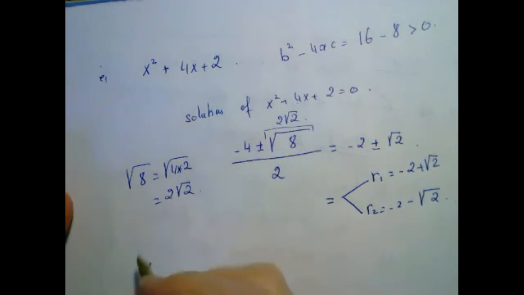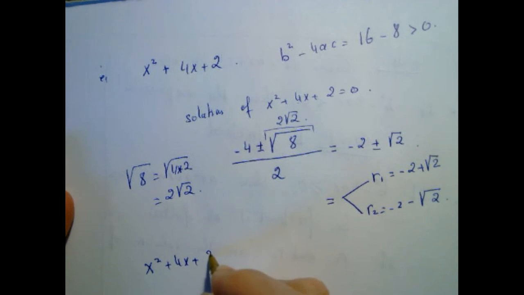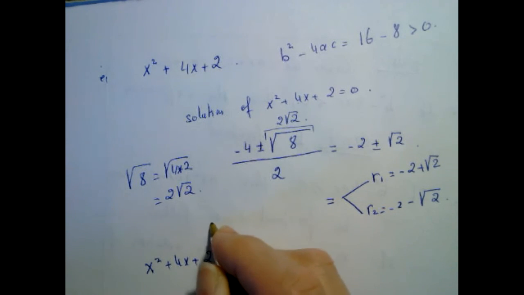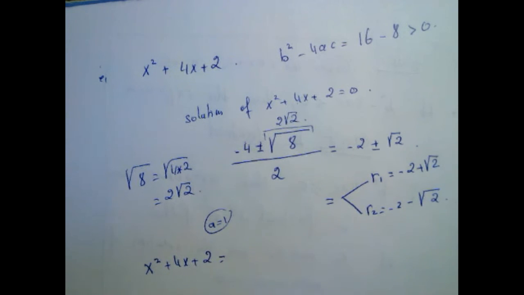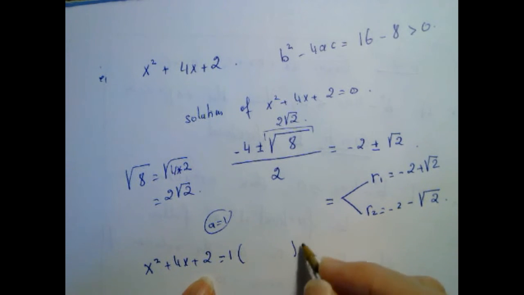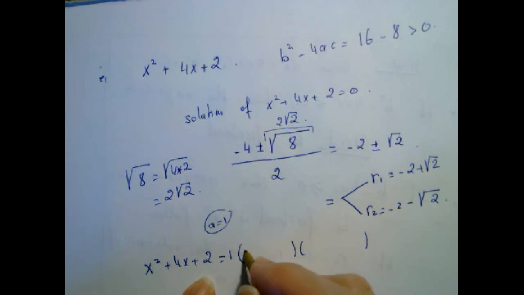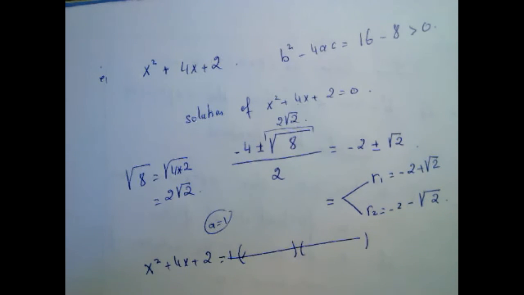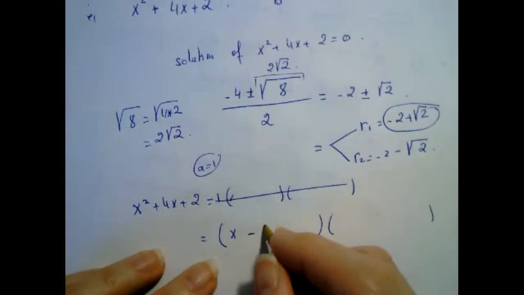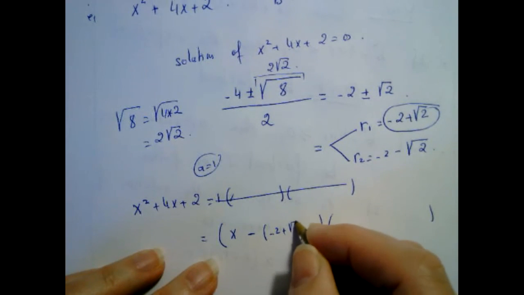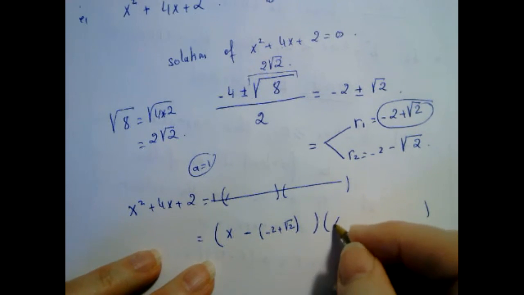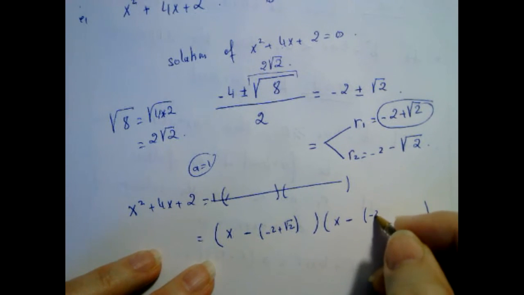Okay. Now, what are the factors? A is 1. And the rule tells me these factors are x minus the first solution, which is minus 2 plus the square root of 2, times x minus the second solution.